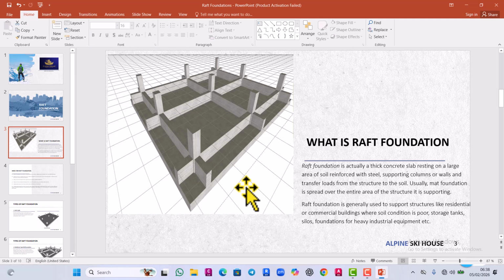It basically means that since it's used where we have a very weak soil, the individual footings for each column will not work. So you need to cover more area with slab. You can look at it this way: for one column, let's say you have 20 students and about 10 columns.